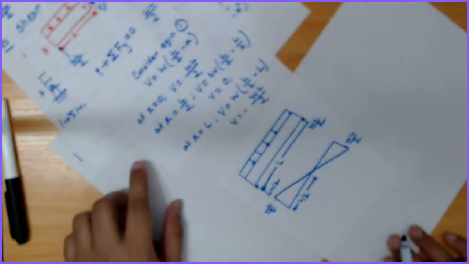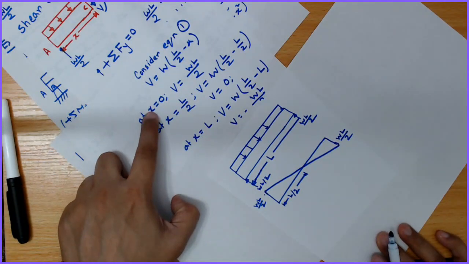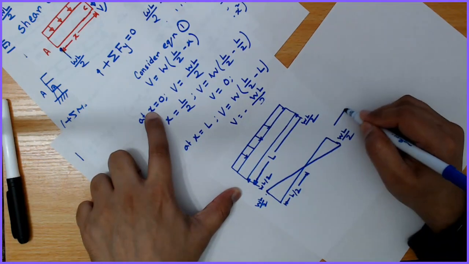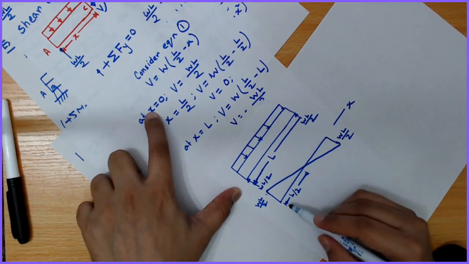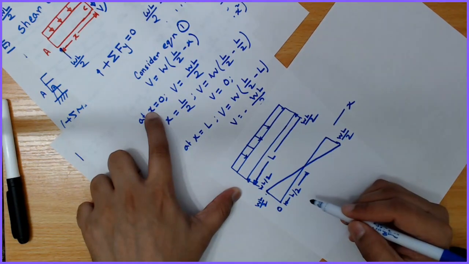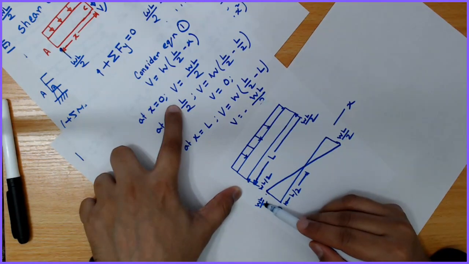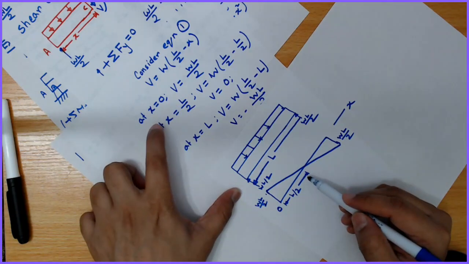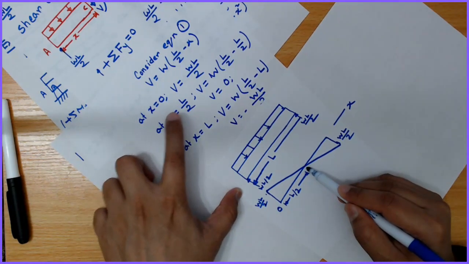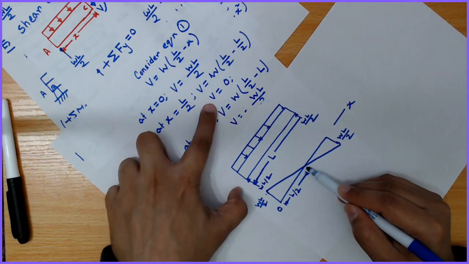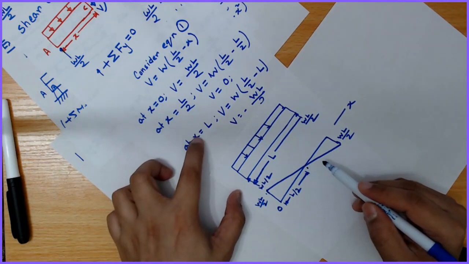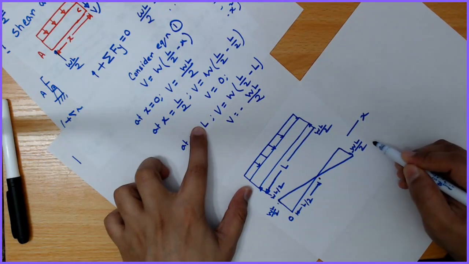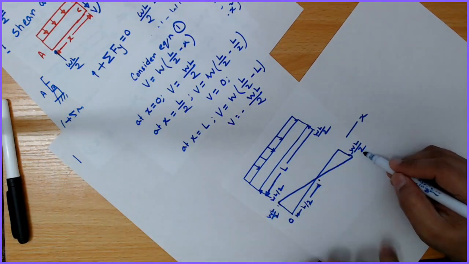So now see that at x is equal to 0, here my x, this is my x, V is equal to WL by 2, at x is equal to L by 2, V is equal to 0 here, and at x is equal to L, V is equal to minus WL by 2.